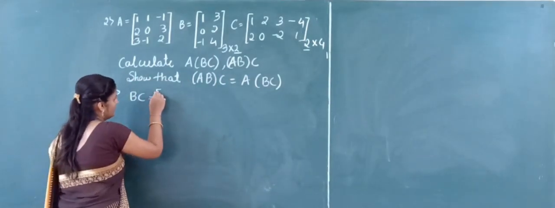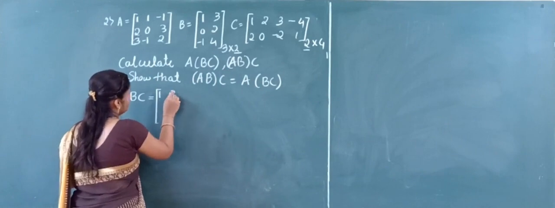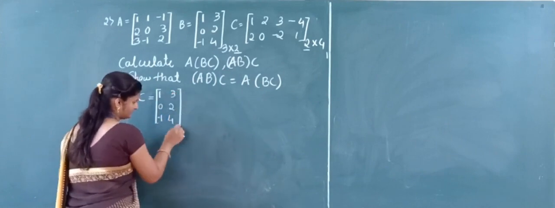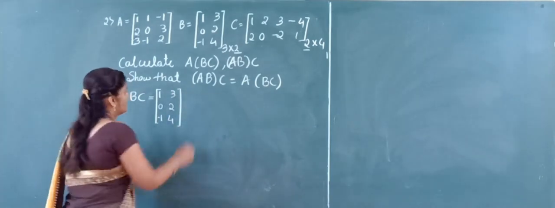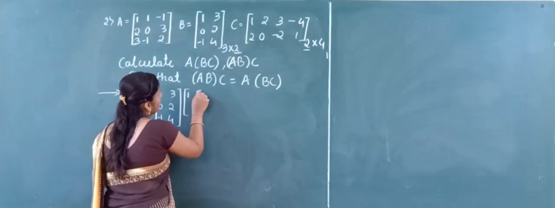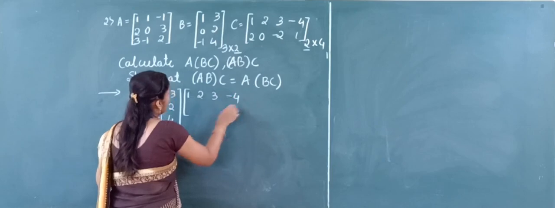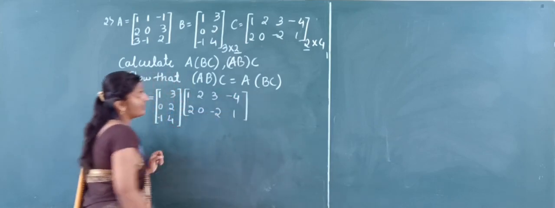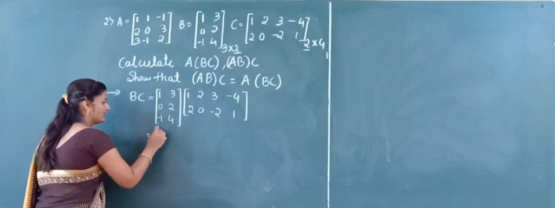Our B is 1, 3, 0, 2, minus 1, 4. And C is 1, 2, 3, minus 4, 2, 0, minus 2, 1.